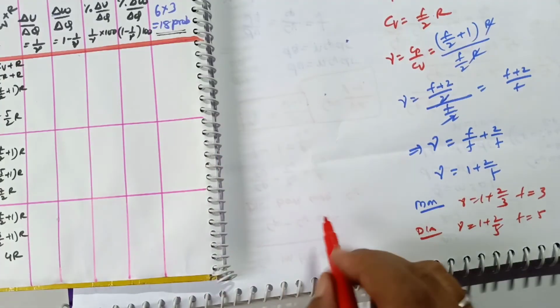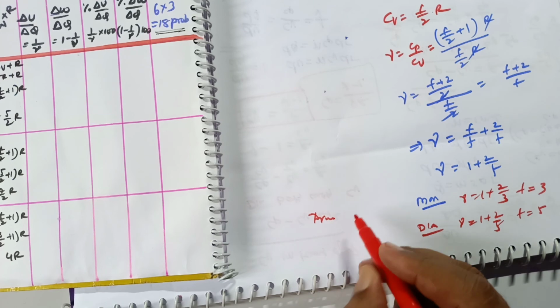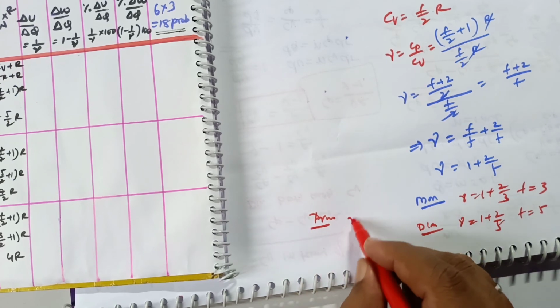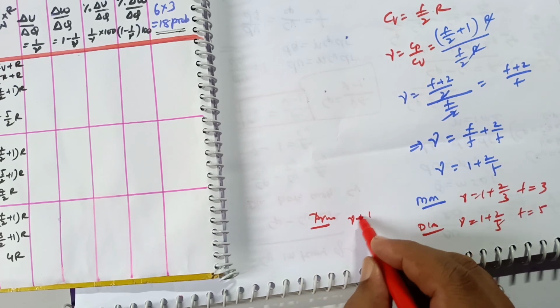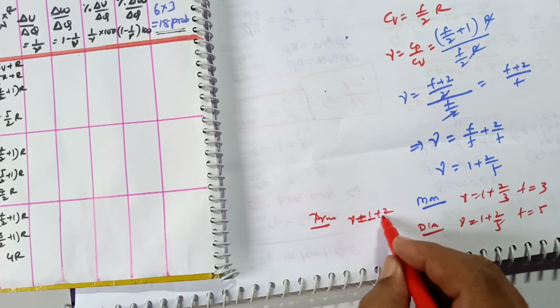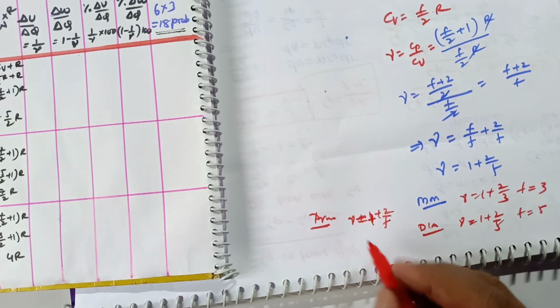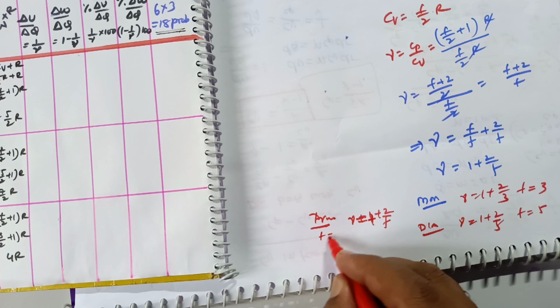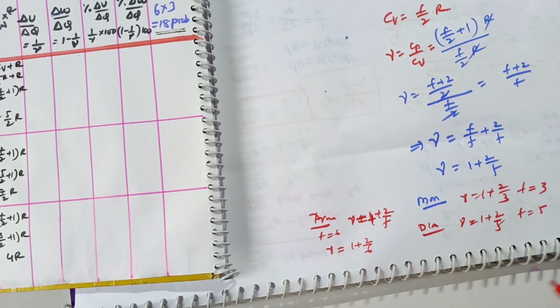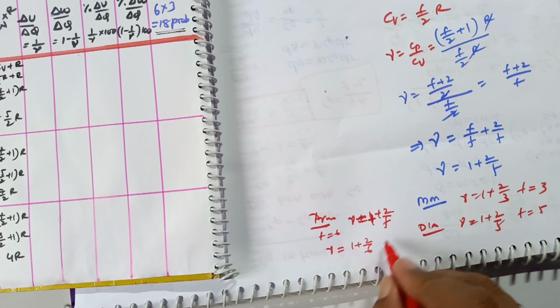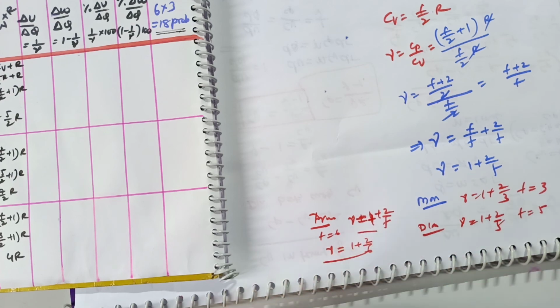Similarly, for a triatomic or polyatomic molecule, gamma is equal to 1 plus 2 by F, where for a triatomic molecule F is going to be 6. So gamma is equal to 1 plus 2 by 6. We have done that. Like this we can find out the values of gamma here.